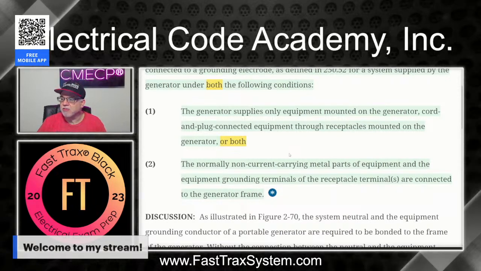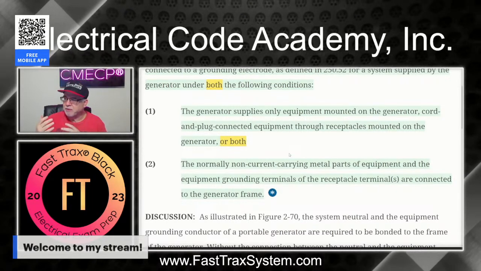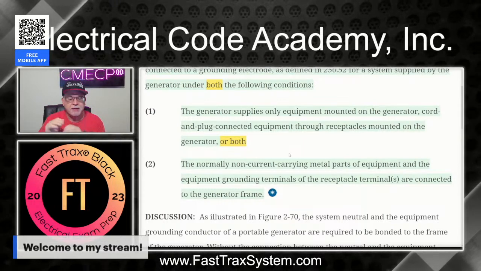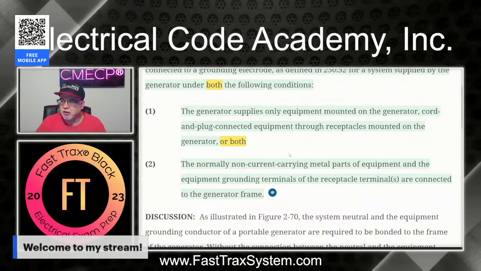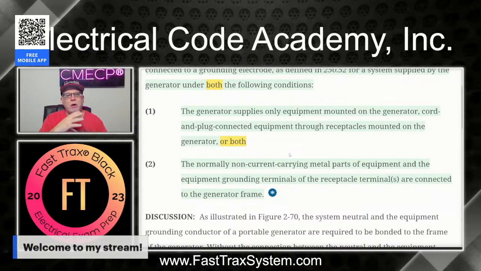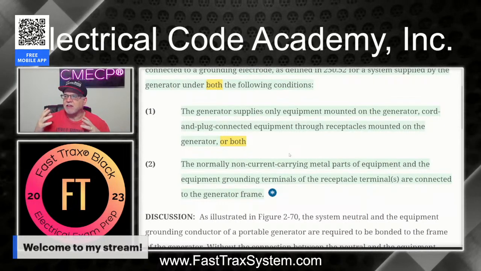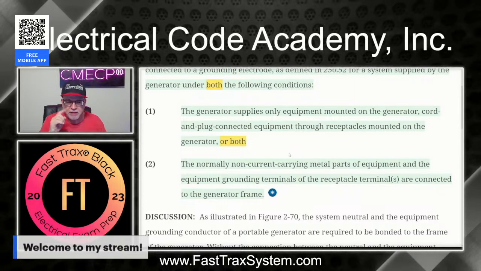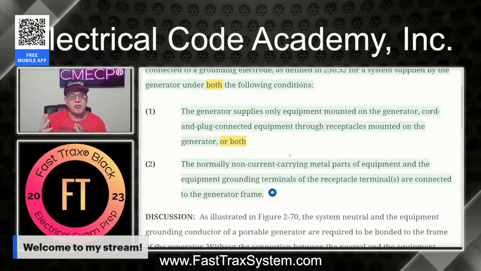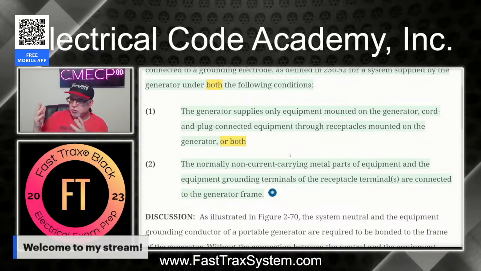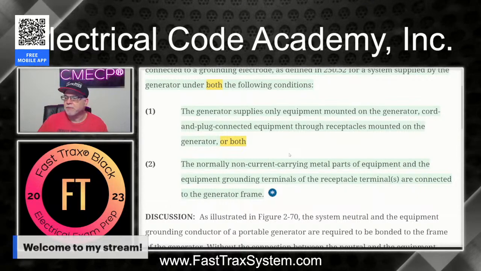Okay, now that's the first part. The receptacles are mounted on it. Okay, next, if I had a generator that was specific to a piece of equipment, and that equipment is actually mounted on the generator, then again, I would not have to establish a grounding electrode for that generator. Okay, so assuming you meet that first condition, then no electrodes are required for your portable generator.